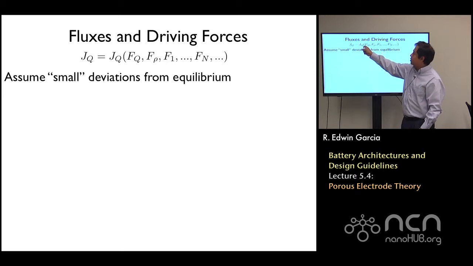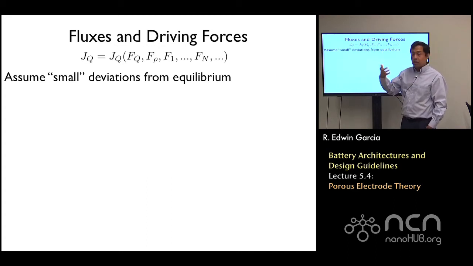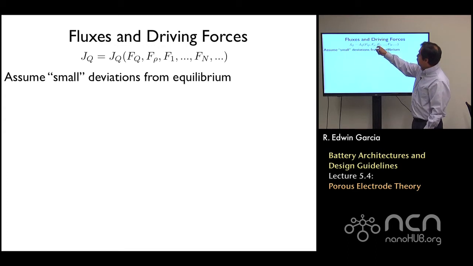So the heat flux depends on the driving force for heat, which you can think of as the thermal difference. F sub rho, which is the driving force for moving charge, and F sub 1 to F sub n, which corresponds to the driving forces for moving mass.